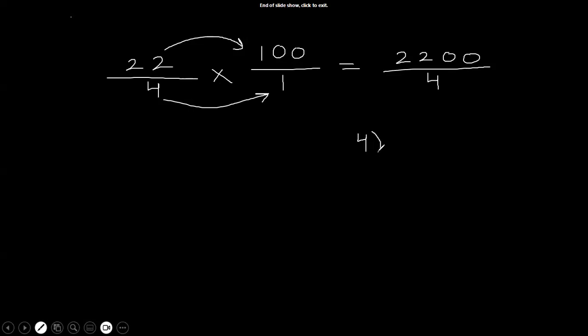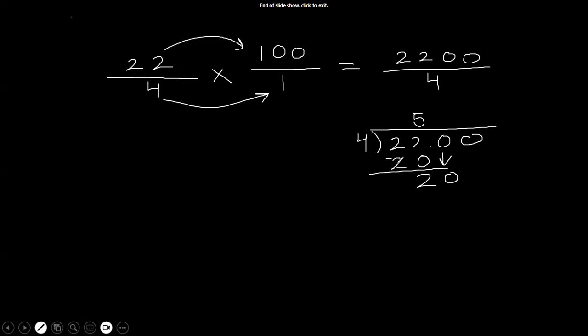So how many times does 4 go into 22? 5 times. 4 times 5 is 20. 22 minus 20 is 2. Bring down the 0.